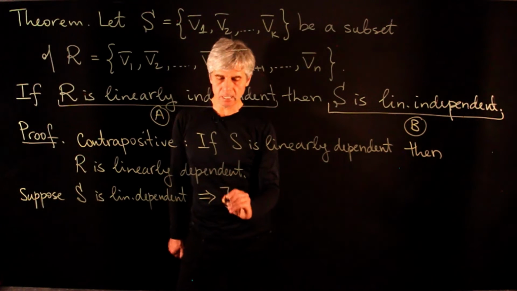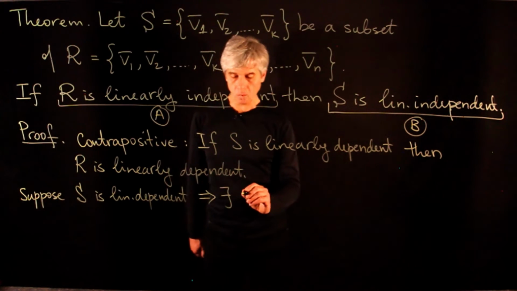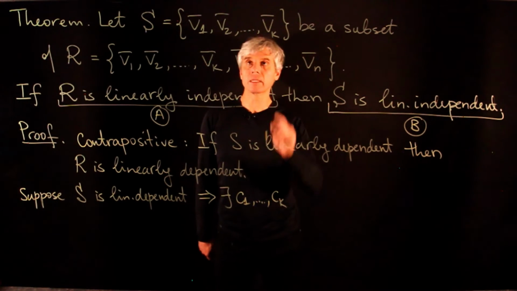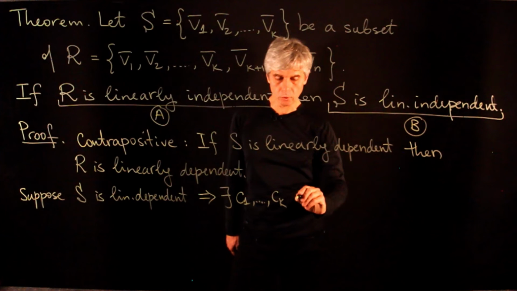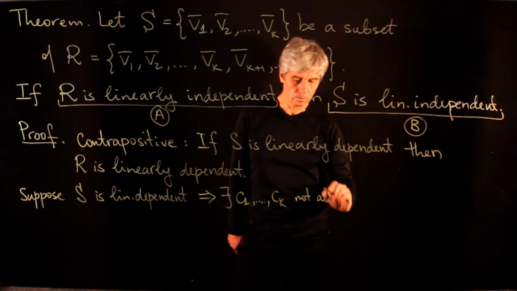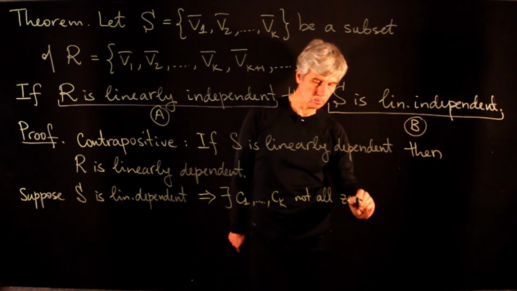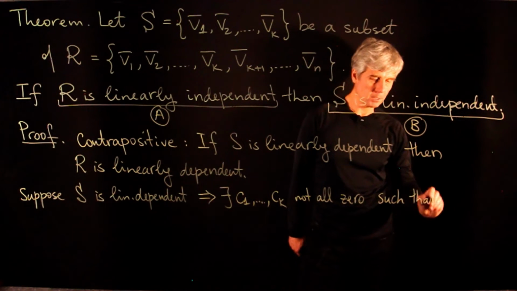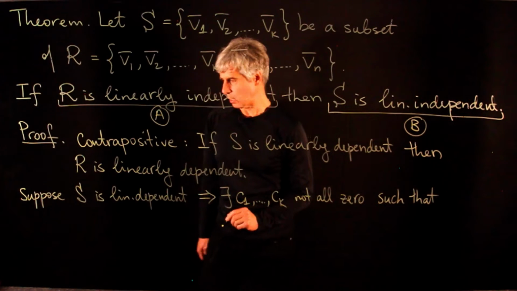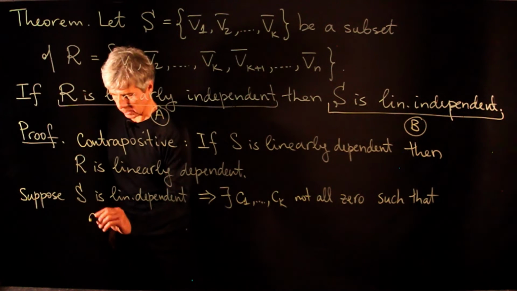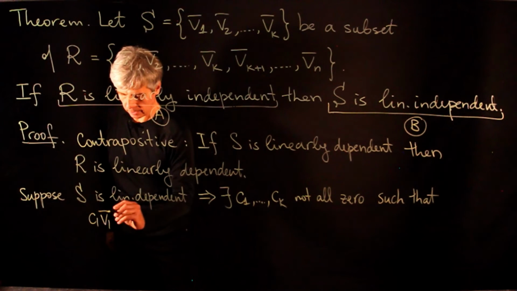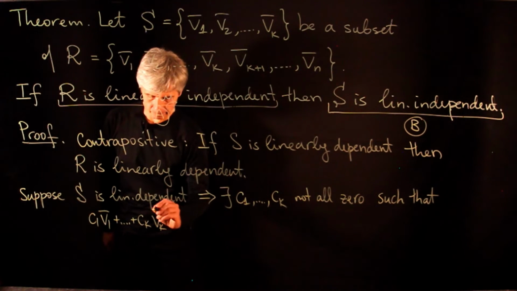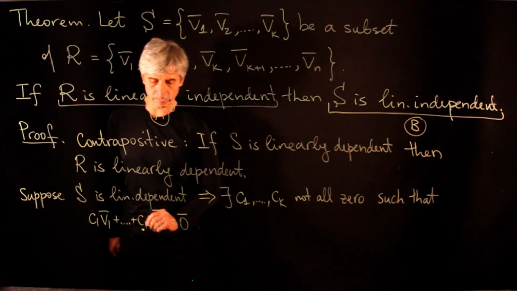This means that there exist constants C1 up to Ck, so this is our set S, not all 0, such that the corresponding linear combination is equal to 0. So C1 V1 plus ... plus Ck Vk is equal to the 0 vector.